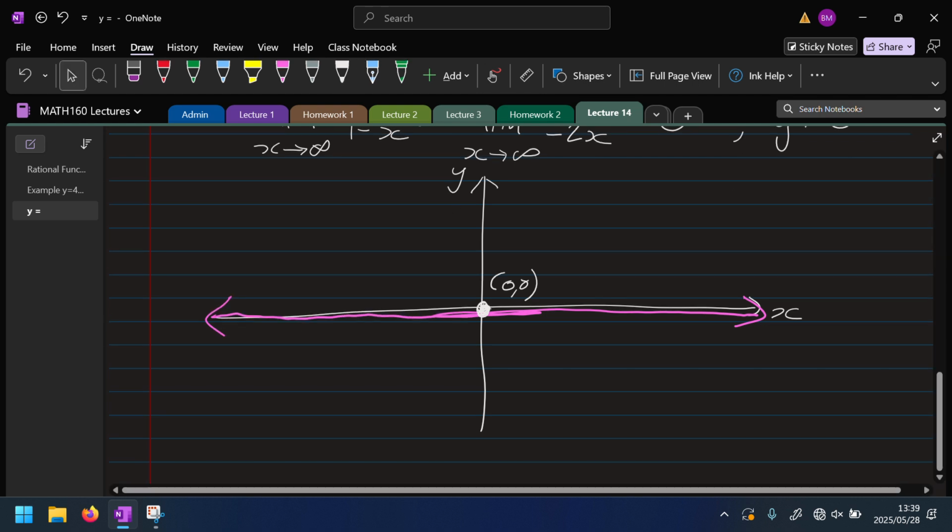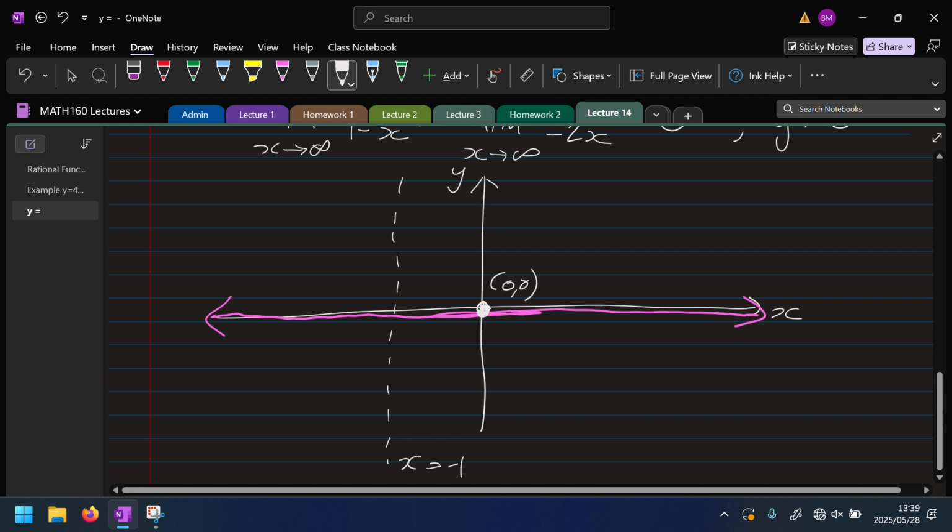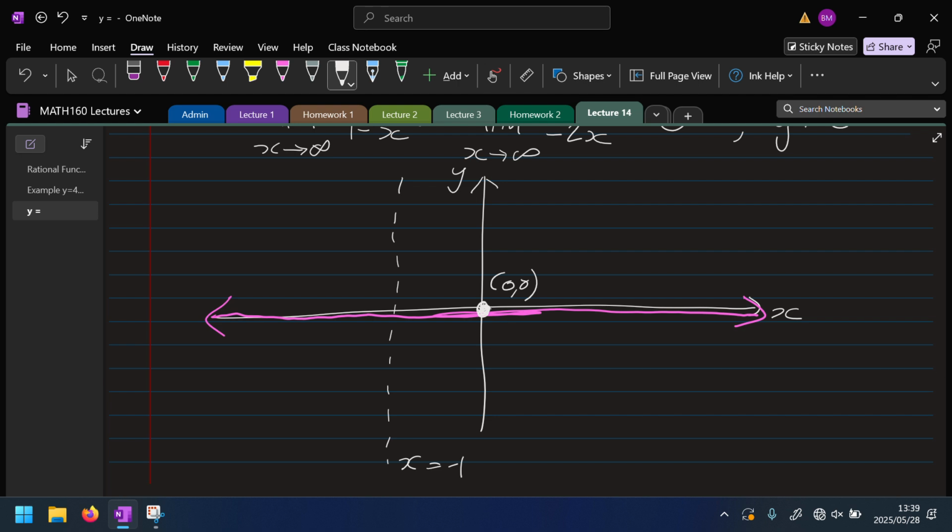Okay. Then we can put in our vertical asymptotes. We've got one at x equals minus 1, and we've got another at x equals 1. So let's put some dotted lines for that. So x equals minus 1, we've got an asymptote there. Usually asymptotes are dotted lines. Okay. And then on the other side, x equals 1, we've got another asymptote there.